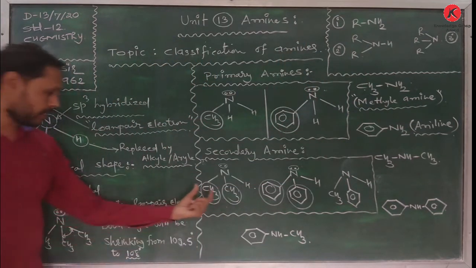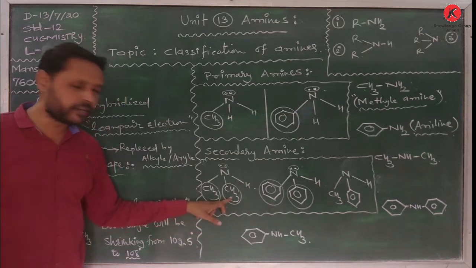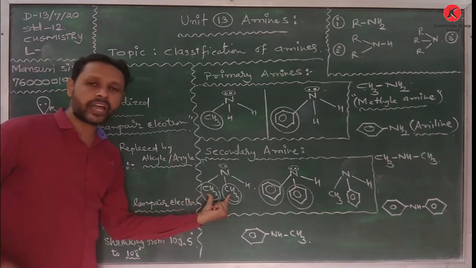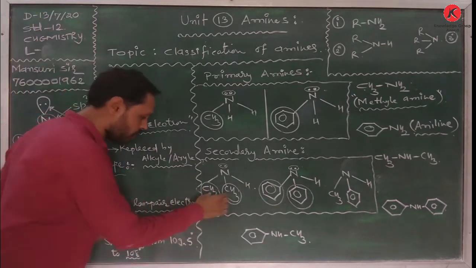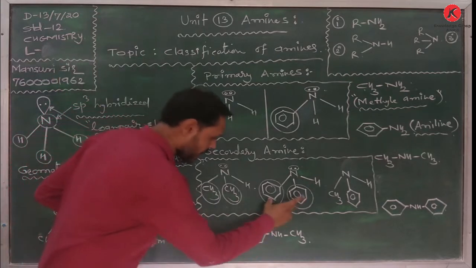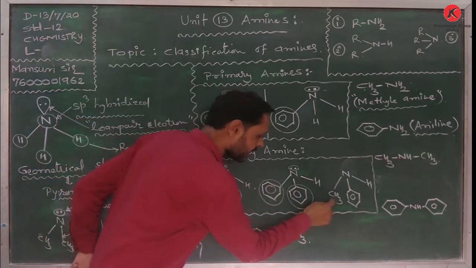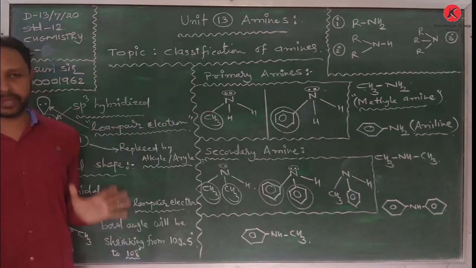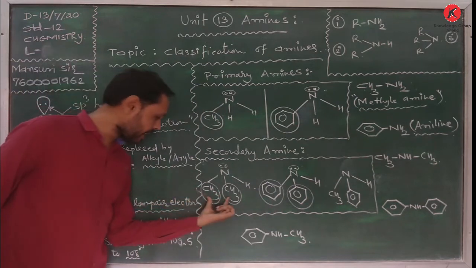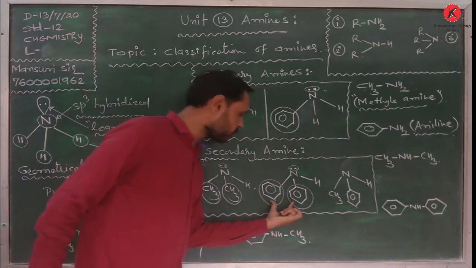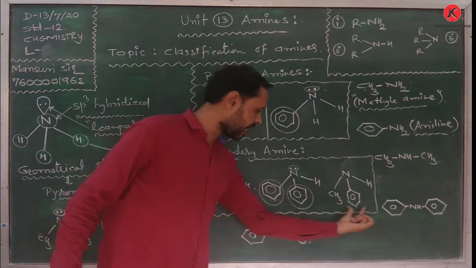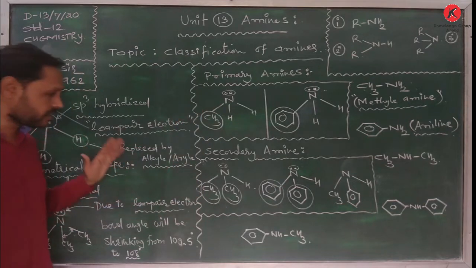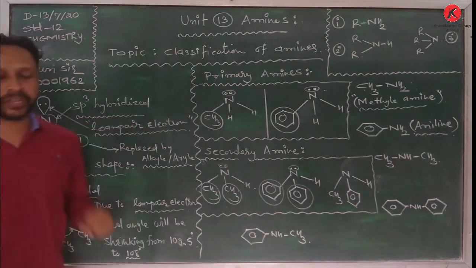Now in ammonia, you can see three hydrogens. If two hydrogens are replaced by two alkyl groups, two aryl groups, or one alkyl and one aryl group, then the compound is known as a secondary amine.